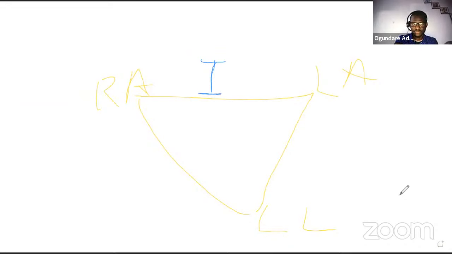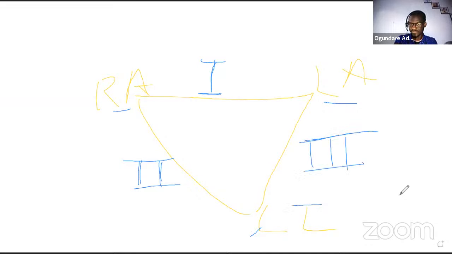The potential difference between right arm and left leg is what generates lead 2. And that of left arm and left leg is what generates lead 3. So this is how the 3 limb leads are generated.